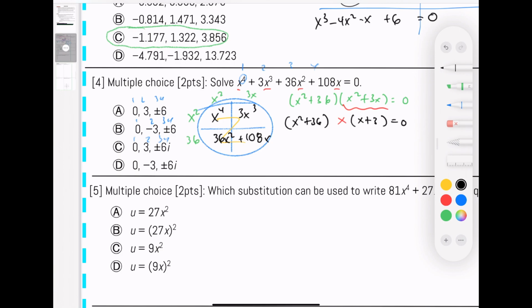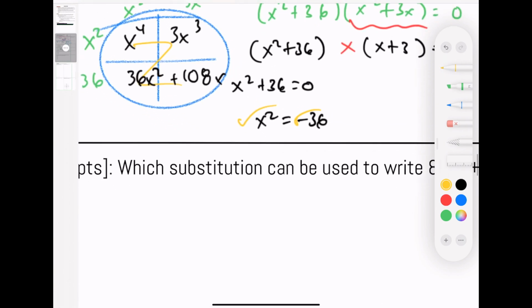Each of these I'm going to set equal to 0. Subtract 36. Take the square root of both sides. X equals plus or minus square root of 36 is 6, and square root of negative 1 is i.